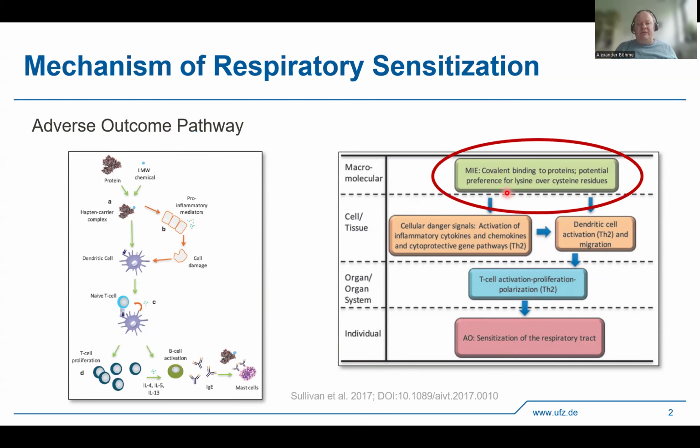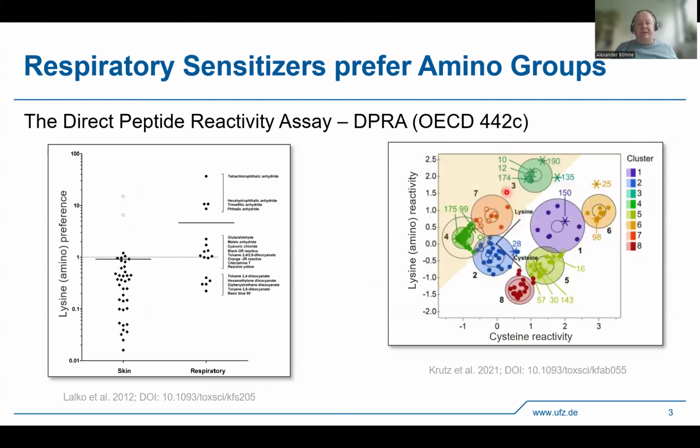When it comes to covalent binding to proteins, the direct peptide reactivity assay, or in short DPRA, became an OECD guideline in the last decade, and it characterizes the covalent binding to proteins based on two model peptides. For skin sensitizers, the DPRA performs quite well.